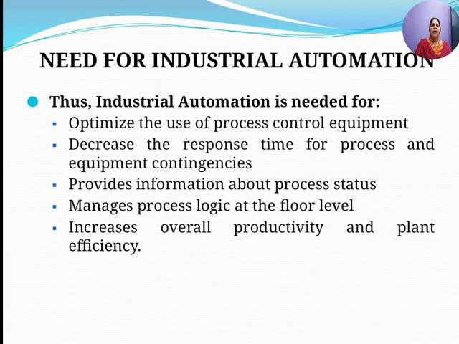These are the reasons why we opt for industrial automation: to optimize the use of process control equipment, to decrease the response time for process and equipment contingencies, to provide information about process status, to manage process logic at floor level, and to increase overall productivity and plant efficiency.